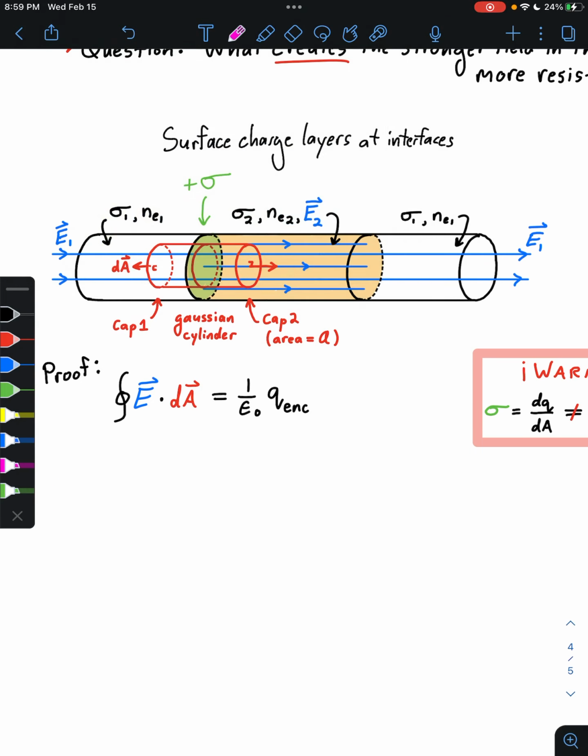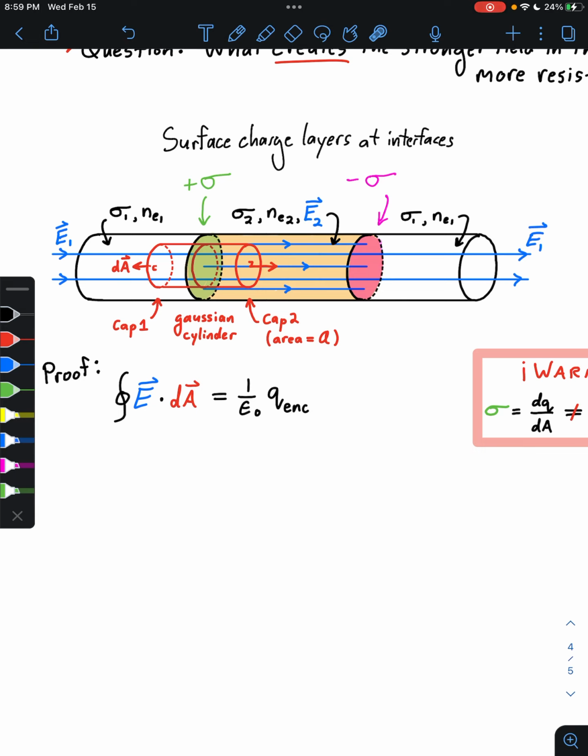And I'll claim that there is going to be a surface charge layer with a negative surface charge density at the opposite interface layer over there. Since there has been a change in conductivity, that allows the possibility of excess charge inside that region where the material changes from the one conductivity to the other.